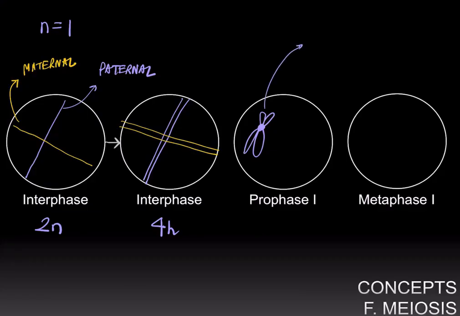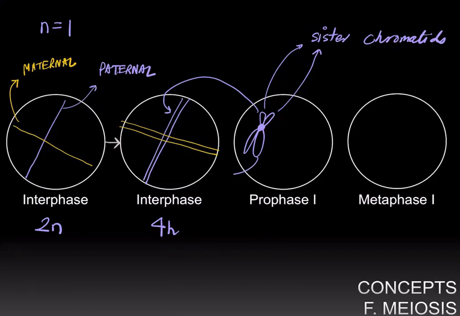So these 2 are sister chromatids, and perhaps the one on the left came from this copy of the homologous chromosome. The other one came from this copy of the homologous chromosome.